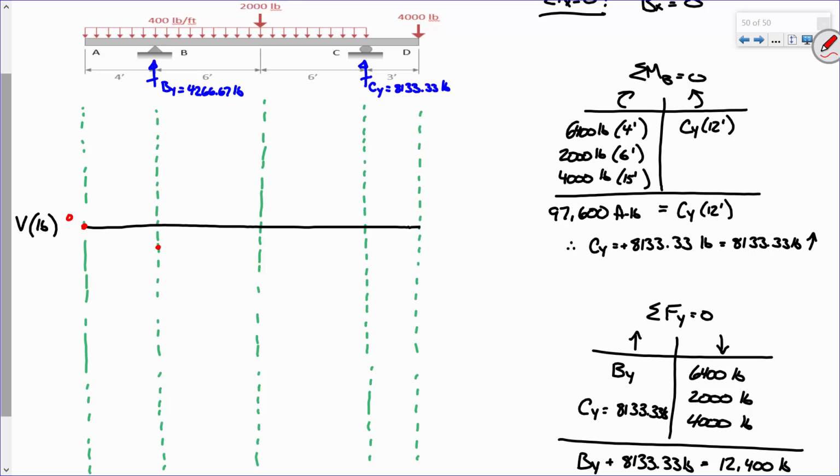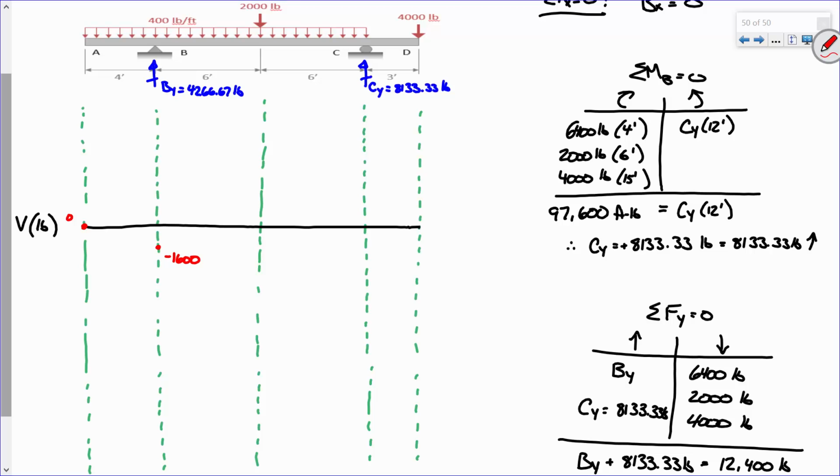So I propose that from here to here, if this is 0, this is, maybe put right here. Minus, actually, no, let me raise that up a little bit. Say, minus 1,600. Sound good? Now, to draw the shear diagram in this range, the magnitude of the load is constant, right?